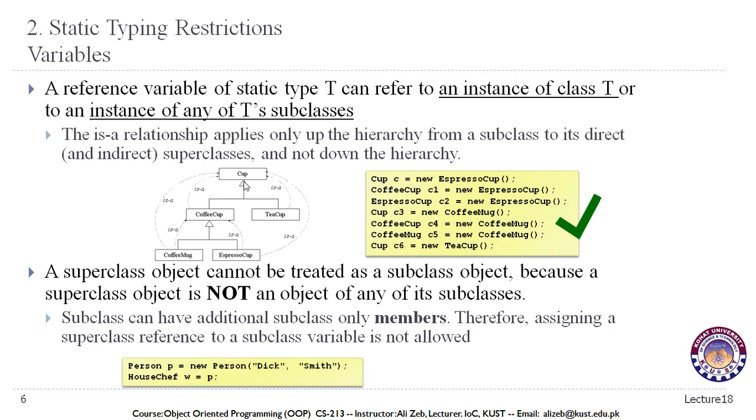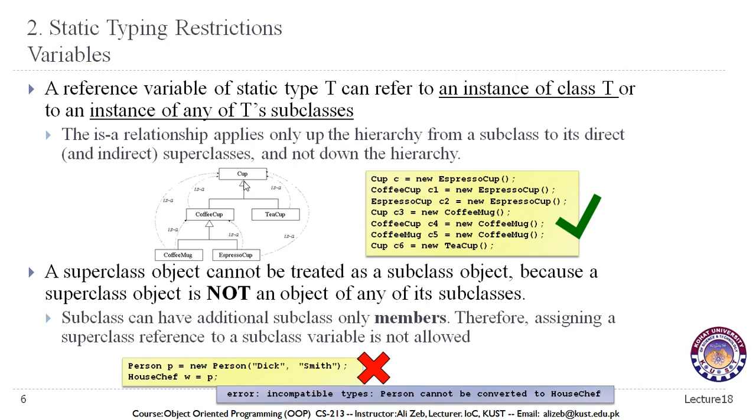So for example, a Person p is used to declare an object of the Person class. We cannot assign that object of the superclass to an object of the subclass. We need to remember this point: if we try to do this, we will get a compilation error because these are incompatible.